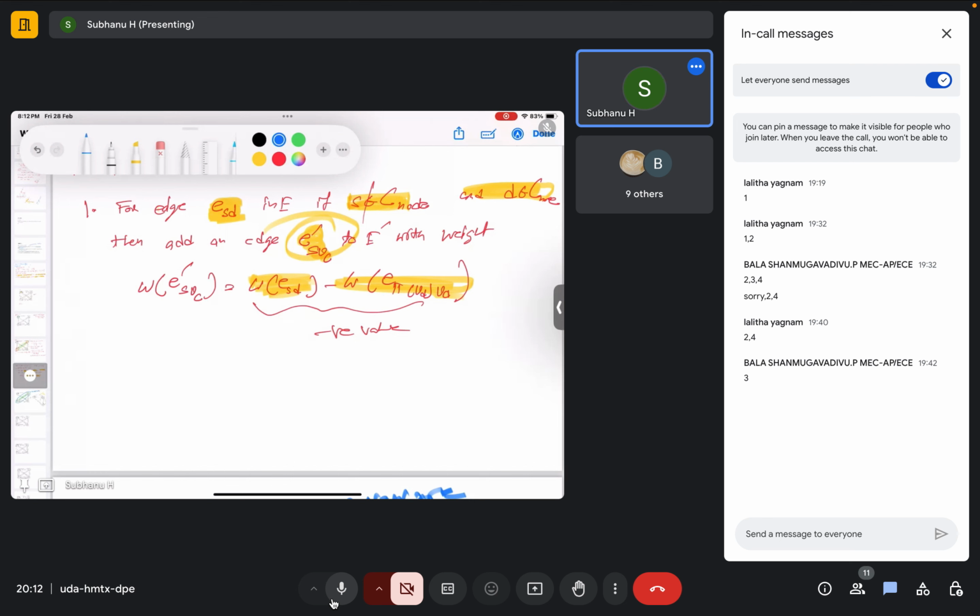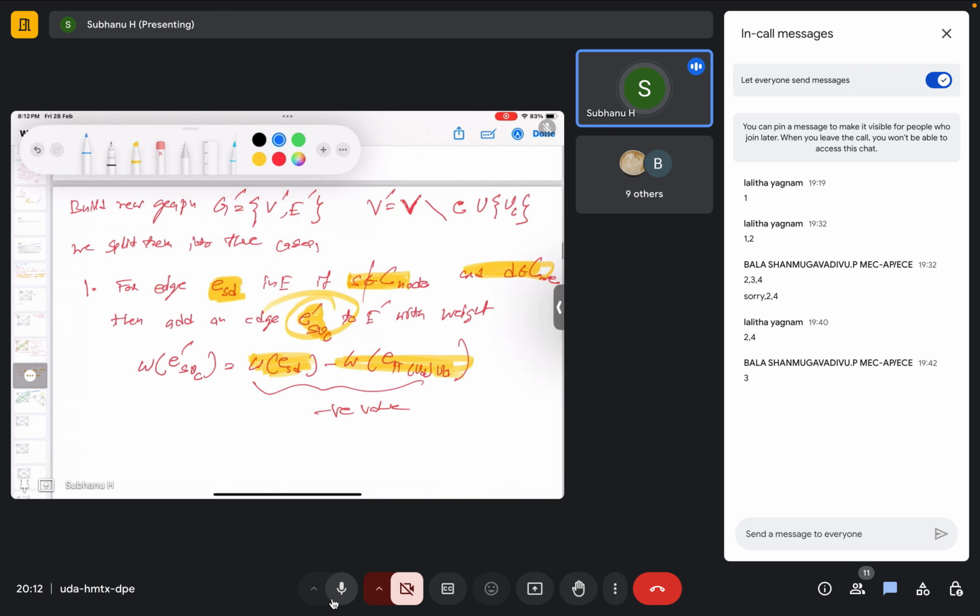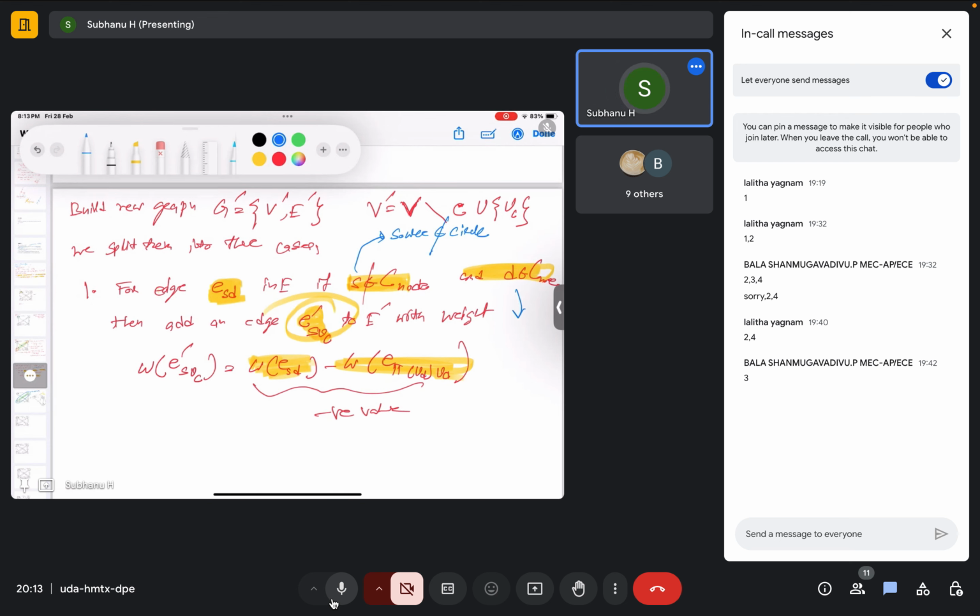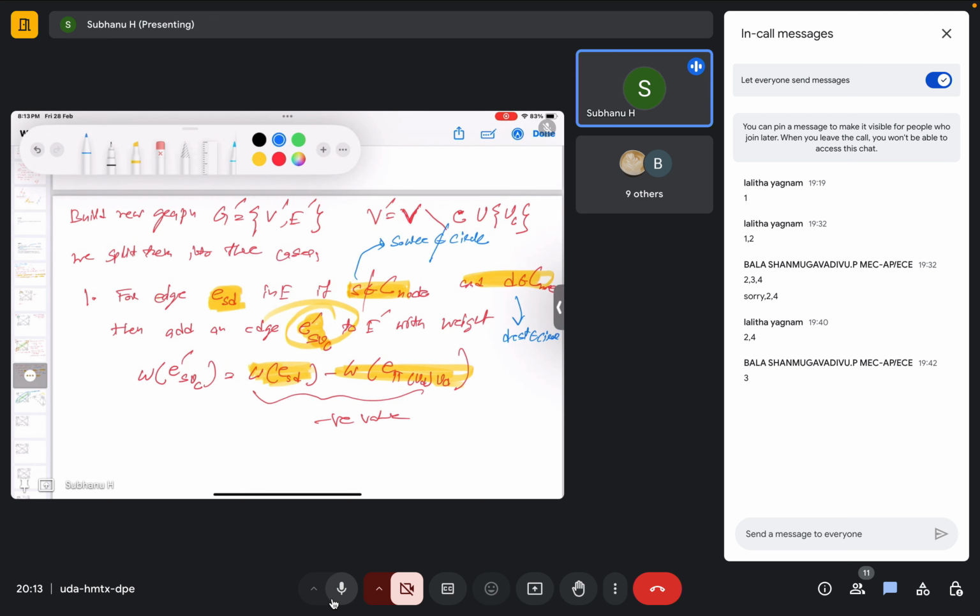If the source is not in the circle and the destination is in the circle, that is, incoming edges for C, then we only keep one edge from each node that is not in C to the new node VC with the largest difference, G(U,V) minus the list of all the incoming nodes.